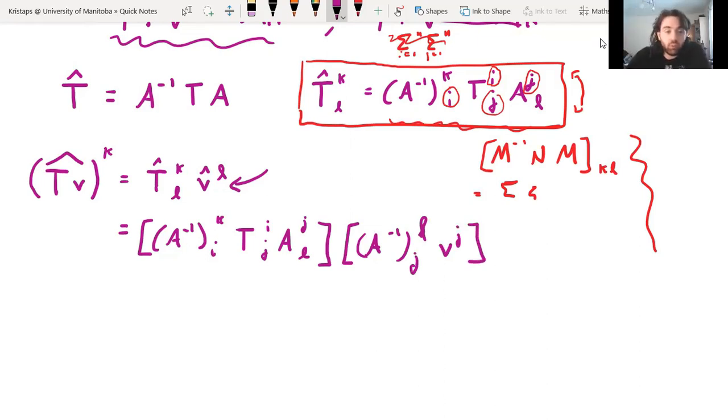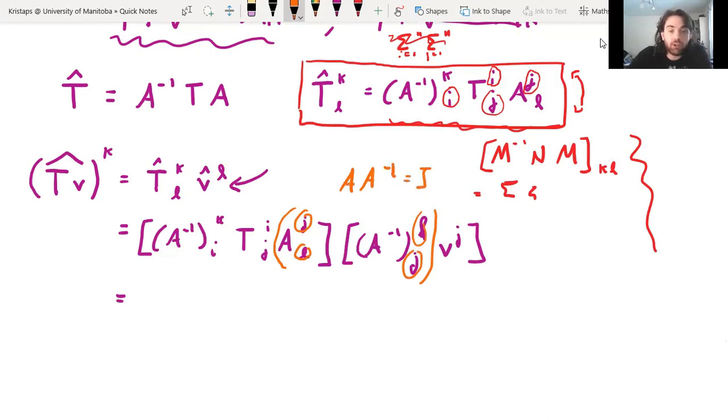But then we know that matrix multiplication is associative, right? This is a whole bunch of matrix multiplication with some tricky indices, but we can reorder the brackets. And what you see here, if you line up these L's, L in an upper, L in a lower, J in an upper, J in a lower, this is just A multiplied by A inverse.